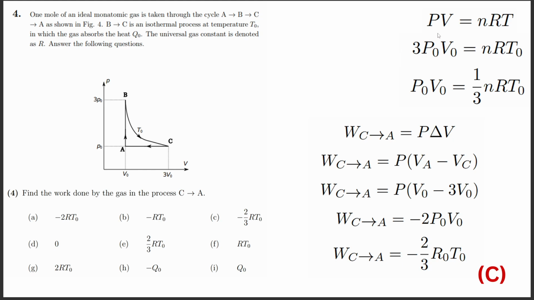so we can use PV is equal to nRT, and let's use B here to find the nRT.